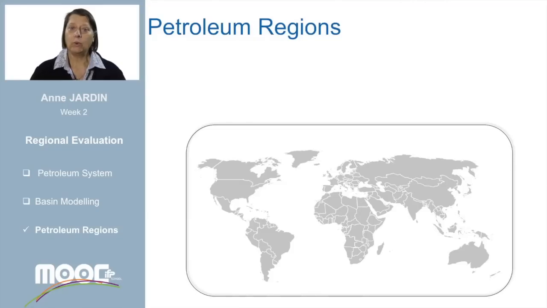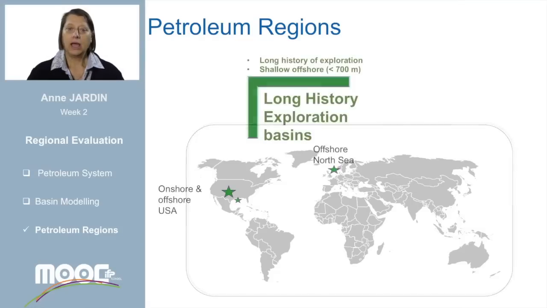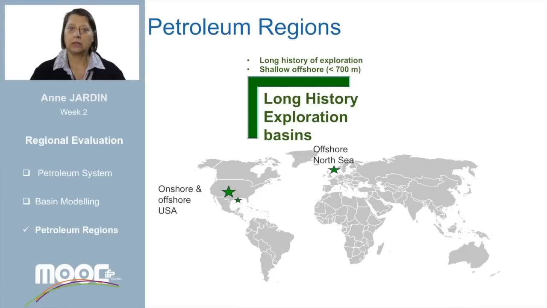Now that you know what the petroleum system is, let's briefly recognize the main petroleum regions in the world. Hydrocarbon exploration has been extensively developed over the past 70 years. The USA, where onshore and offshore exploration began at the first part of the 20th century, and the North Sea offshore basin, where exploration began in the 1970s, are good examples of extensively explored basins.